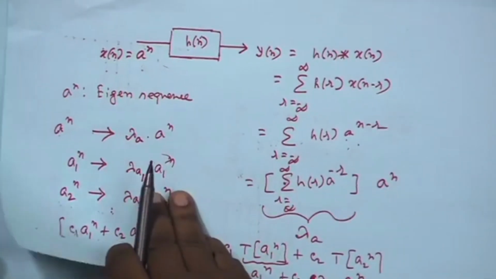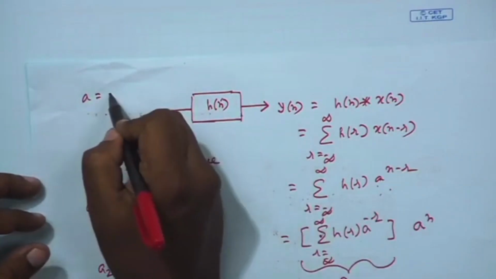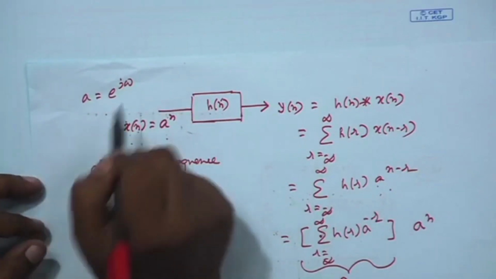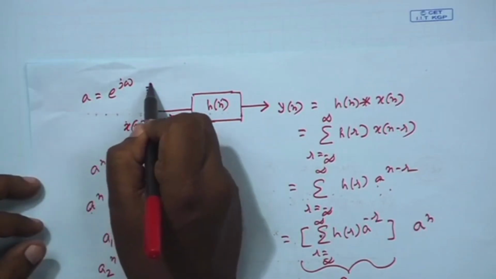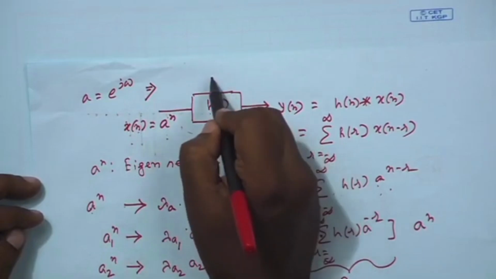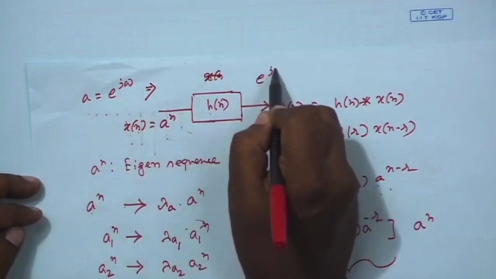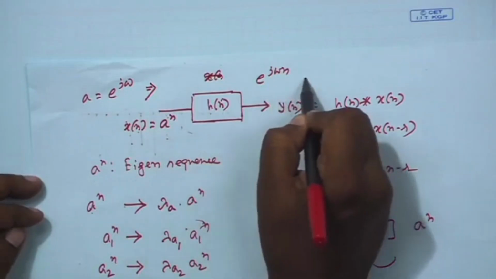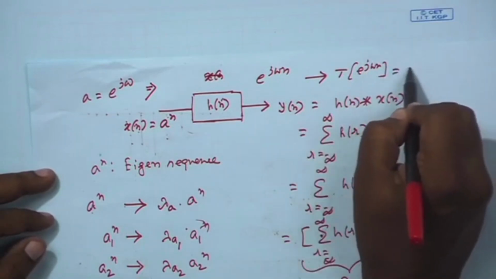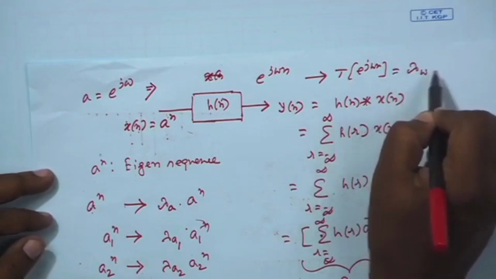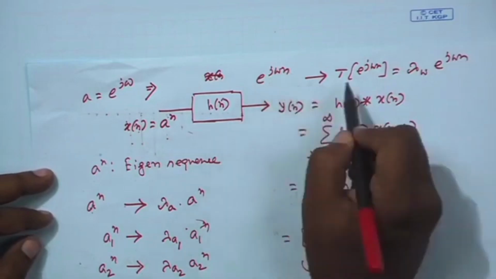We will show in the next class that if you take a as e to the power j omega, that is a complex number with magnitude 1, then it is possible to do this for any arbitrary x[n]. You give e to the power j omega n as the input, and you get T working on e to the power j omega n as output, which will be some lambda, a function of omega, times e to the power j omega n, because it is an eigen function of the form a to the power n, where a is e to the power j omega.